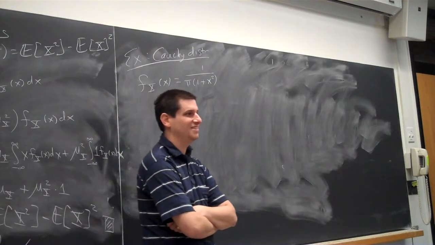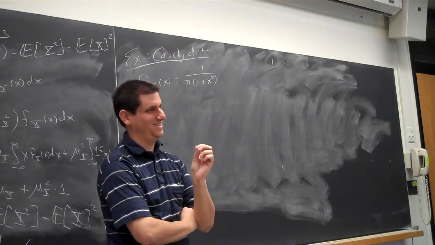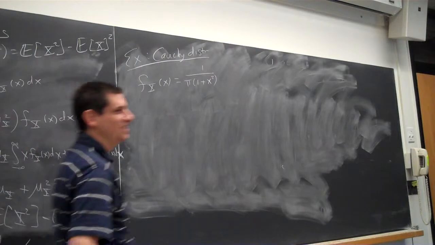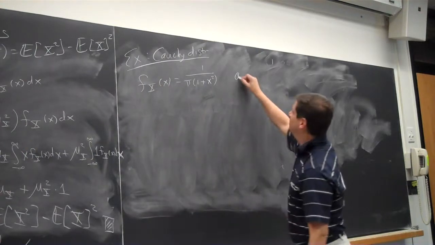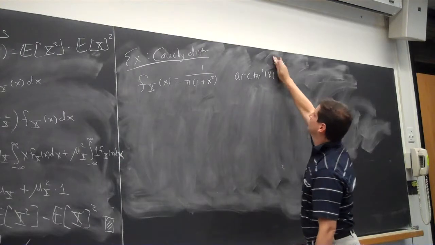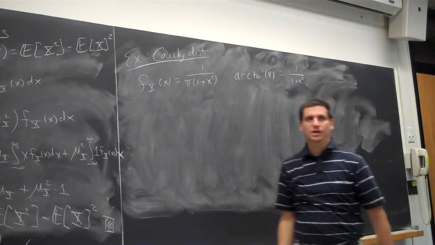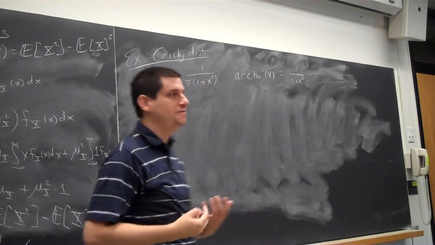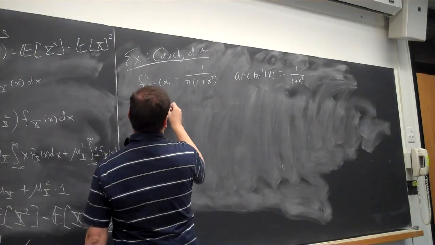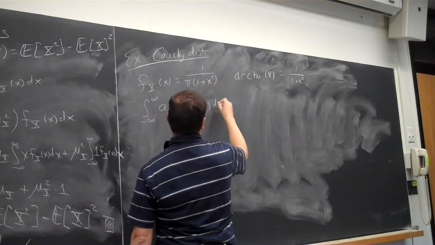Yes? Is the integral of 1 over 1 plus x squared tangent? Almost. Arctangent. Alright, so you each have to email me a half point. Right? It's arctangent. So the derivative of arctangent is 1 over 1 plus x squared. And so if I try to integrate this from minus infinity to infinity, I'm actually integrating the derivative of arctangent.